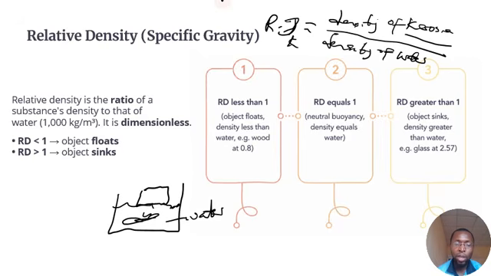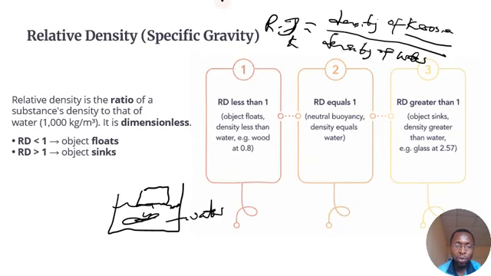Whenever an object is floating on water, you know that its relative density is less than 1. Now, if the object is sinking in the water, I know that the relative density of that substance is greater than 1.